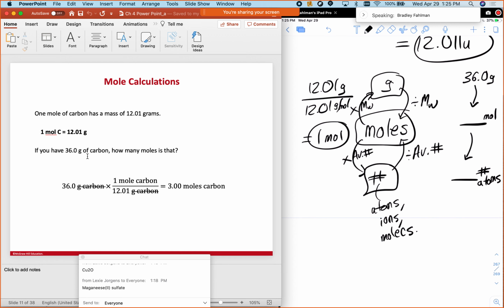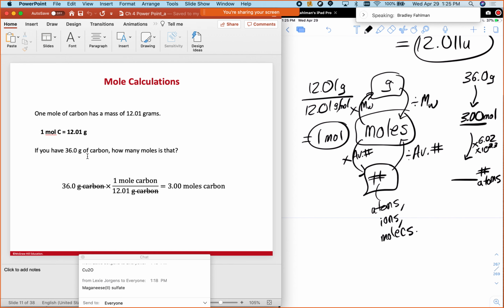Here it's 36 divided by 12, so you have 3 moles, and then you multiply by Avogadro's number, 6.02 e to the 23rd. Something else you should include in your notes.